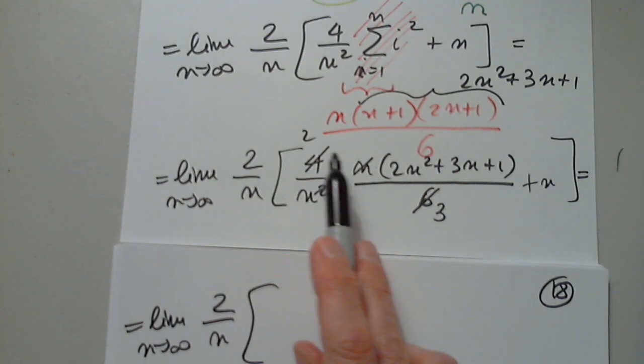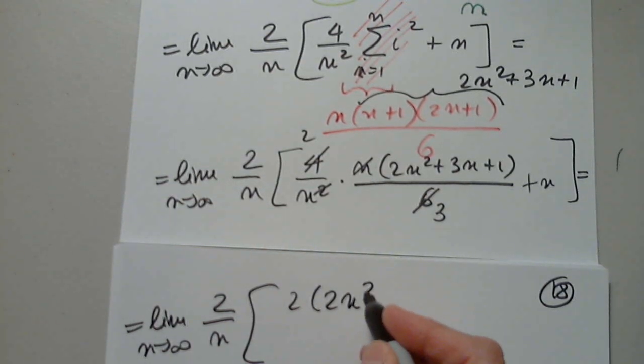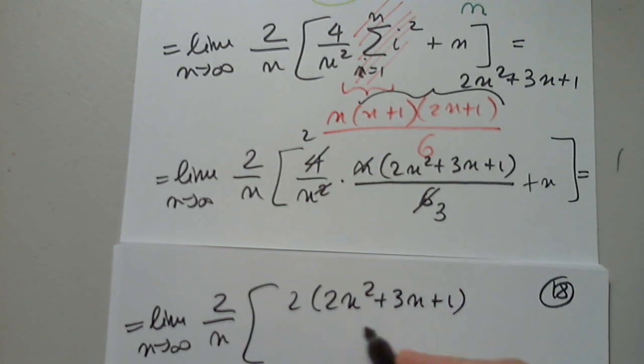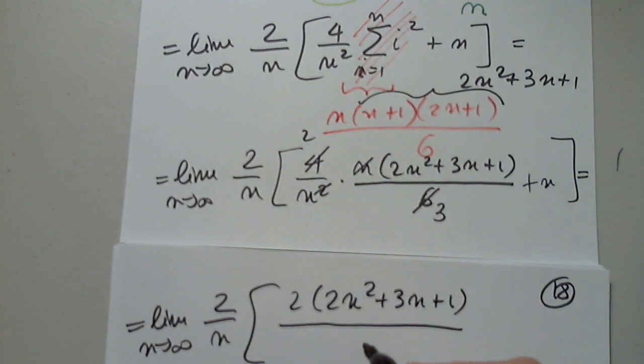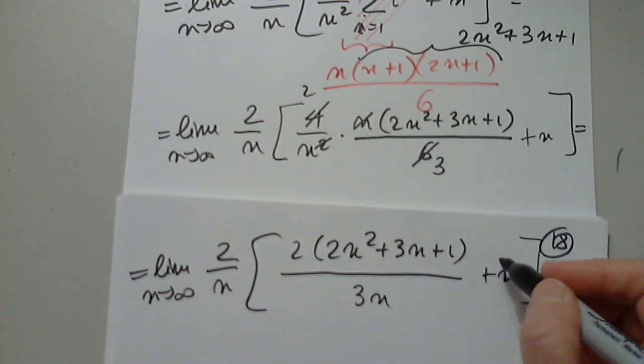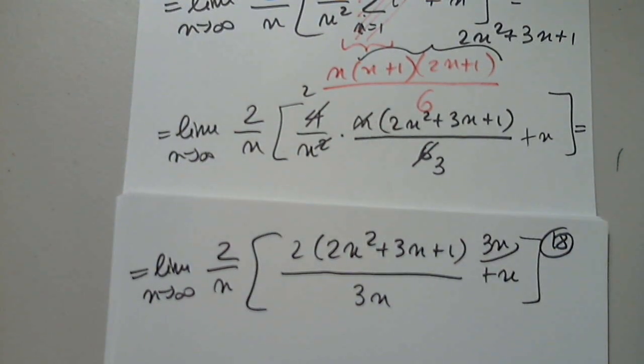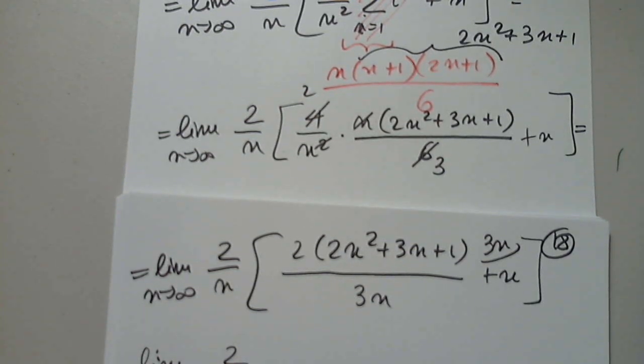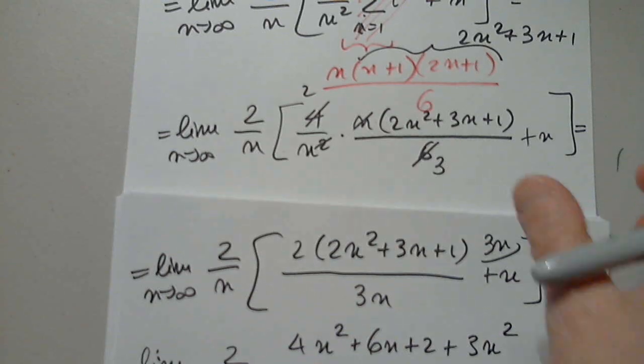So I have 2n squared plus 3n plus 1 divided by 3n, plus n. Yes, this needs a 3n. So limit n approaches infinity 2 over n times 3n, 4n squared plus 6n plus 2 plus 3n squared.